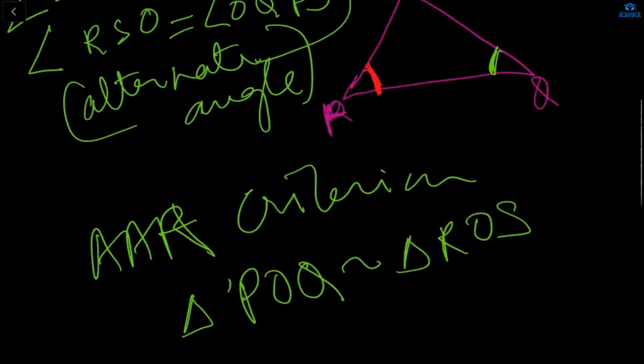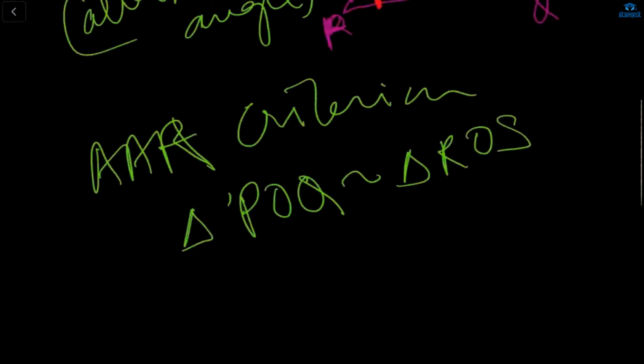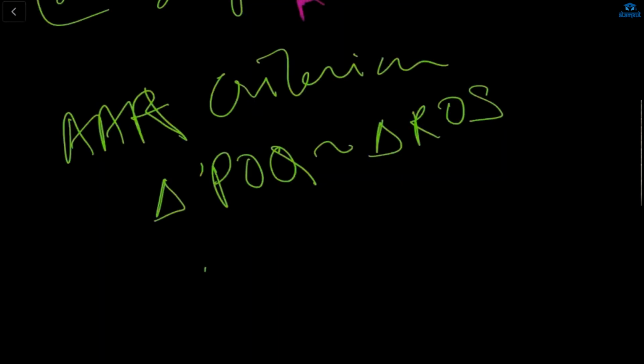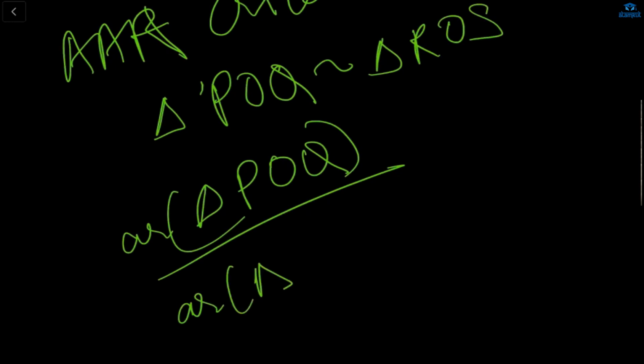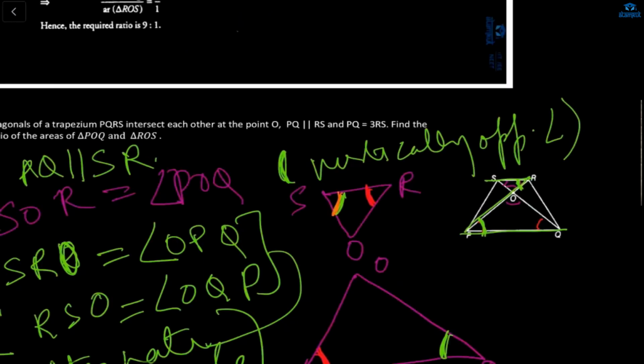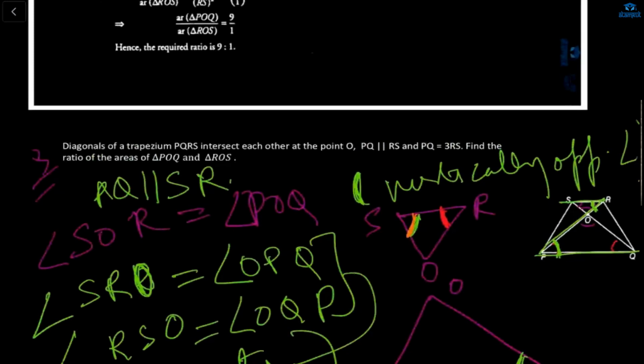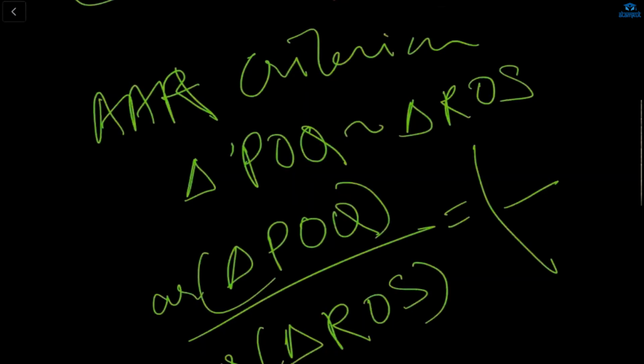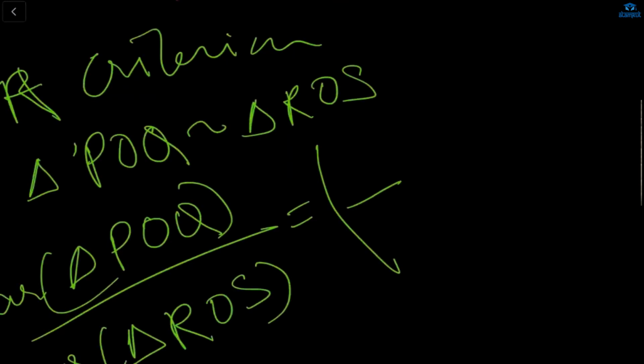Now if both the triangles are similar, then the ratio of the area of POQ to the area of ROS will be equal to PQ by RS whole square.